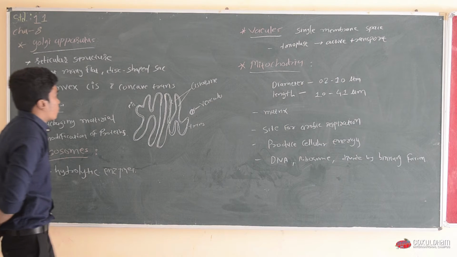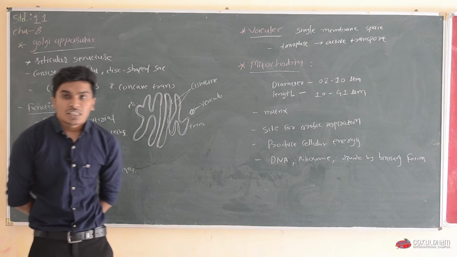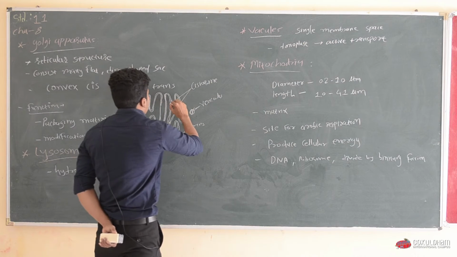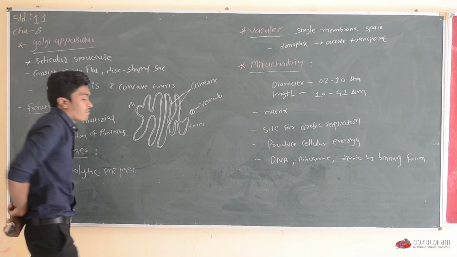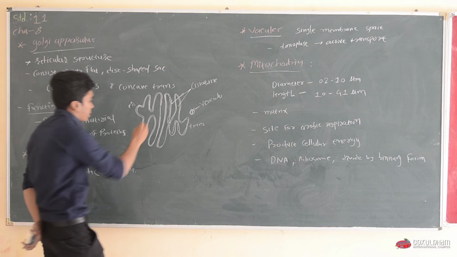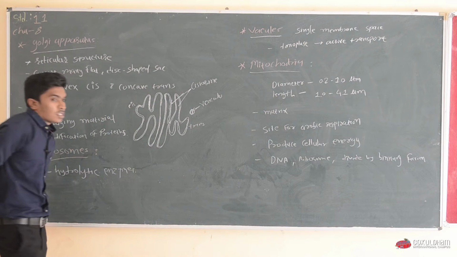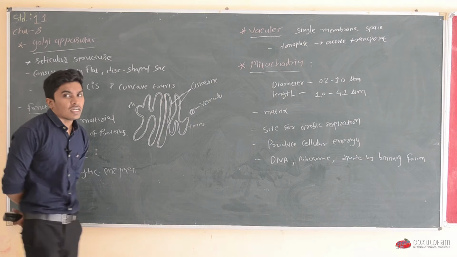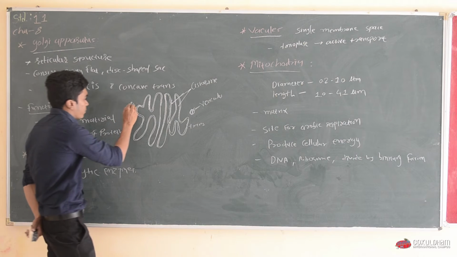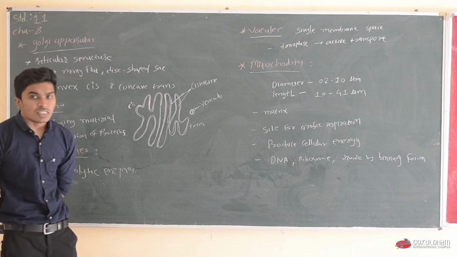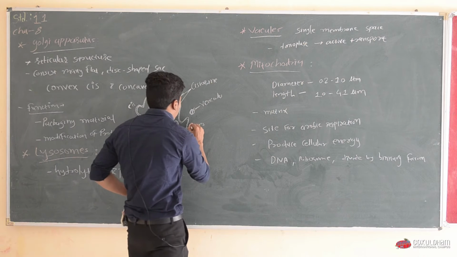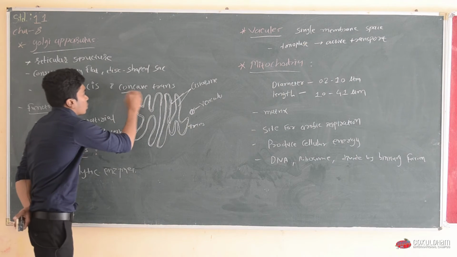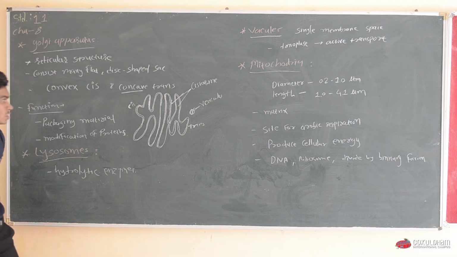It consists of flat disc-shaped sacs arranged in a parallel manner. You can see here, these are the sacs, also called cisternae, arranged in a parallel manner and forming 2 regions. The first one is a convex region, also known as the cis region, and the other is the trans region, which is in a concave manner.